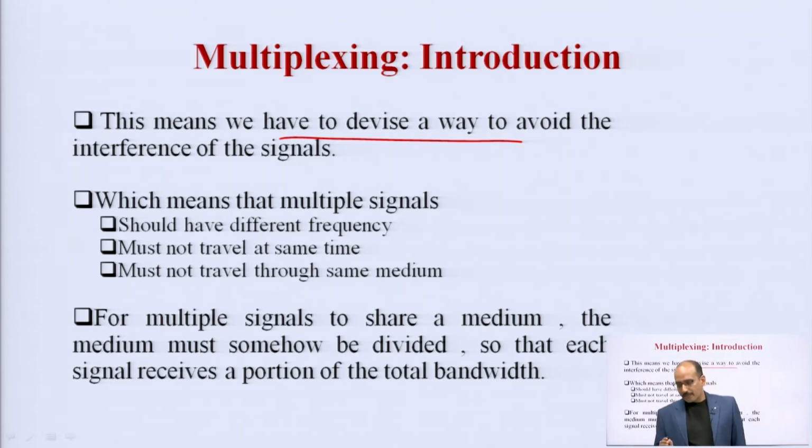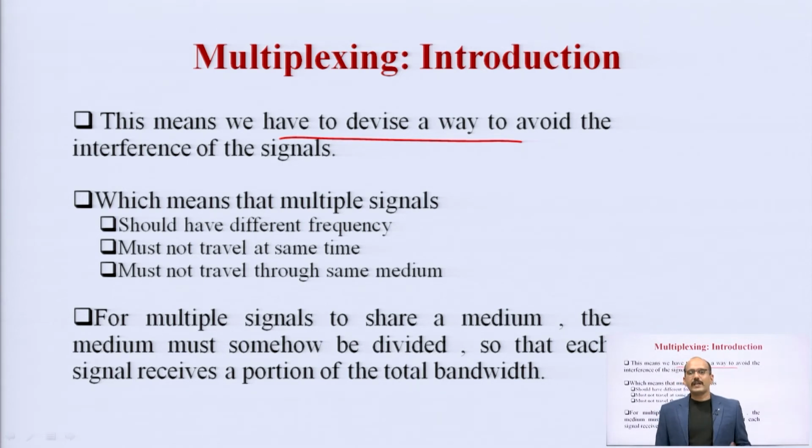For this, multiple signals should have different frequencies, they must not travel at the same time, and must not travel through the same medium. So, for multiple signals to share a medium, the medium must somehow be divided so that each signal receives a portion of the total bandwidth.